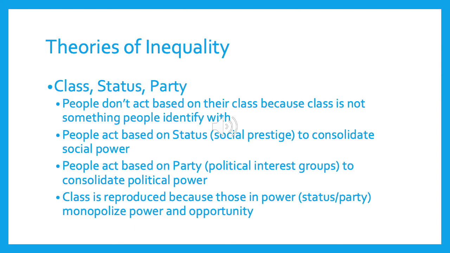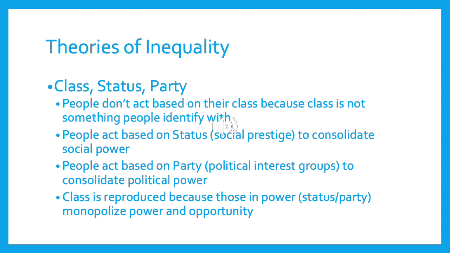So Weber argues that class is not a group, that we can't form consciousness or motivation around our class status because class is not a group. Class is merely a category for Weber. He doesn't use this word, but this is what he's describing.